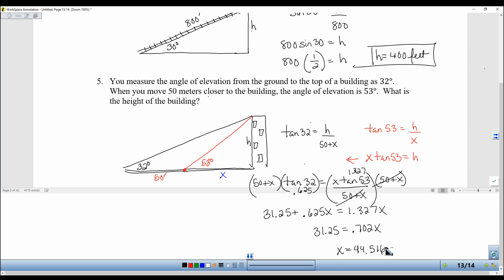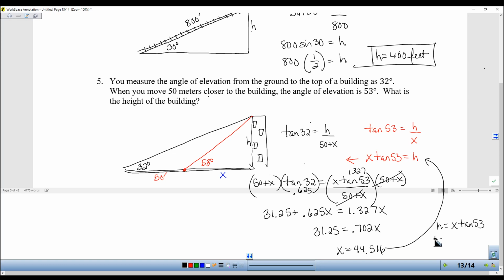And now that I know that, I can go back and find h, because h is x times tangent of 53. So I actually still have x in my calculator. I'm just going to hit store, and then it won't even use the rounded answer, times tangent of 53.